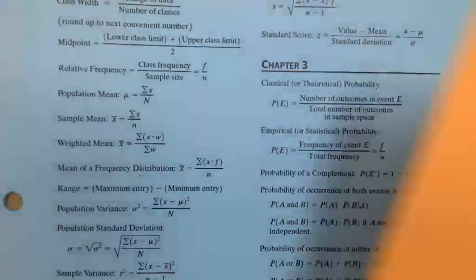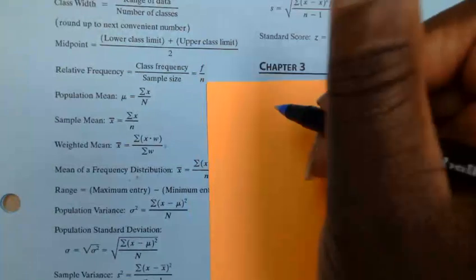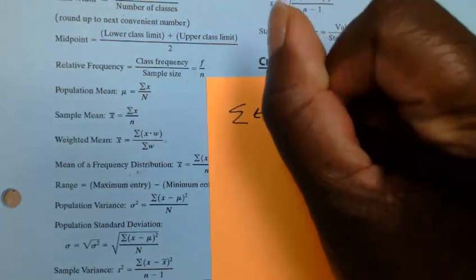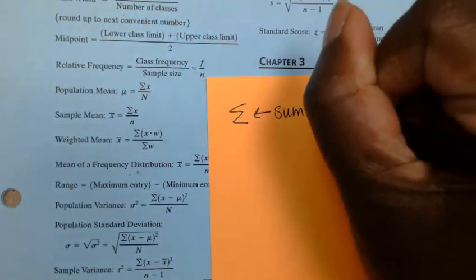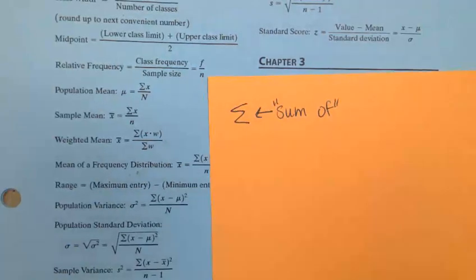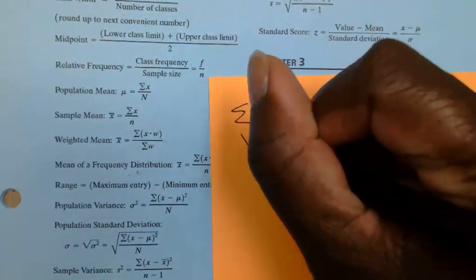Actually, let me go over this symbol right quick. This symbol means sum of. So whatever's behind it, you're going to add them all together.